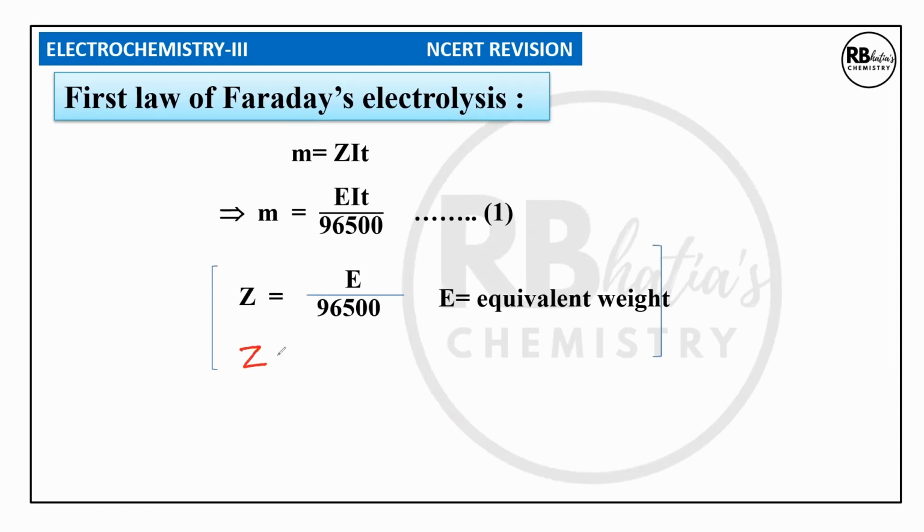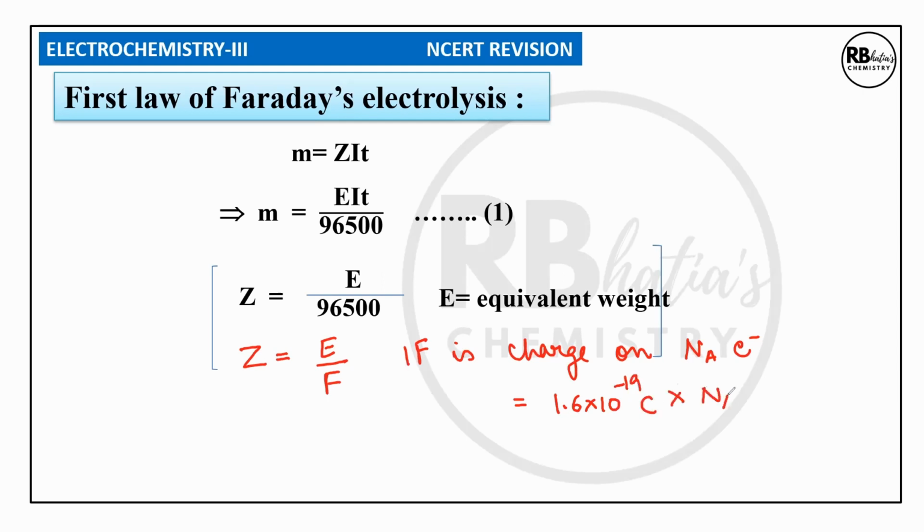Remember, Z, the electrochemical equivalent, is E upon F, where F is the Faraday. One Faraday is the charge carried by Avogadro number of electrons, which is equal to the charge on one electron into Avogadro number.